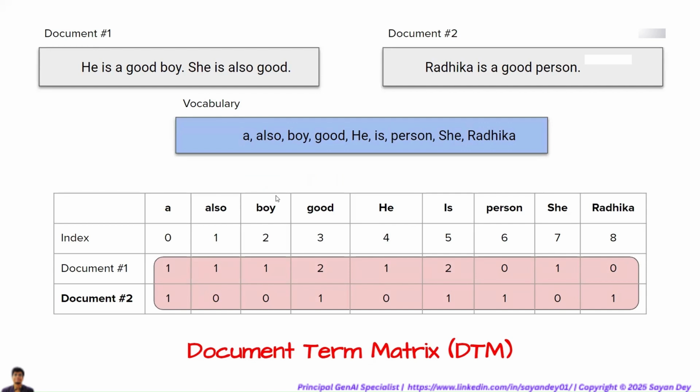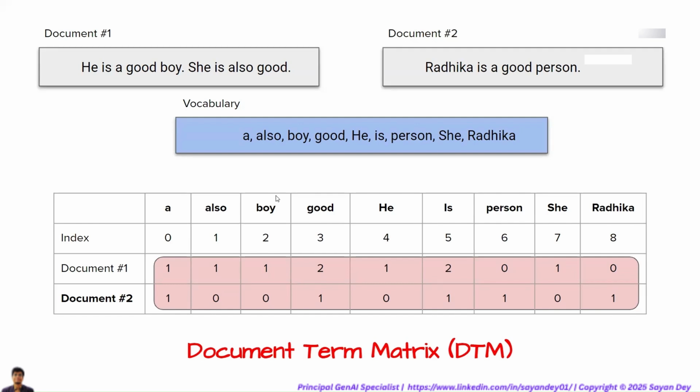Go through both documents and find the list of unique words present across them. Once we have found the list of unique words, we represent all those words along the columns, and we represent the documents along the rows. This is how we create a document matrix or DTM.